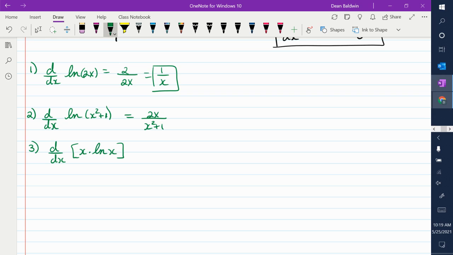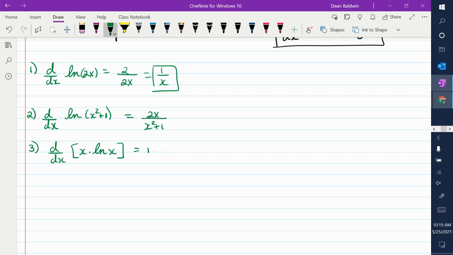So derivative of x times the natural log of x. So what rule do I need to use here? Product rule, right? Because it's two functions being multiplied together. So product rule says derivative of the first function. What's the derivative of x?